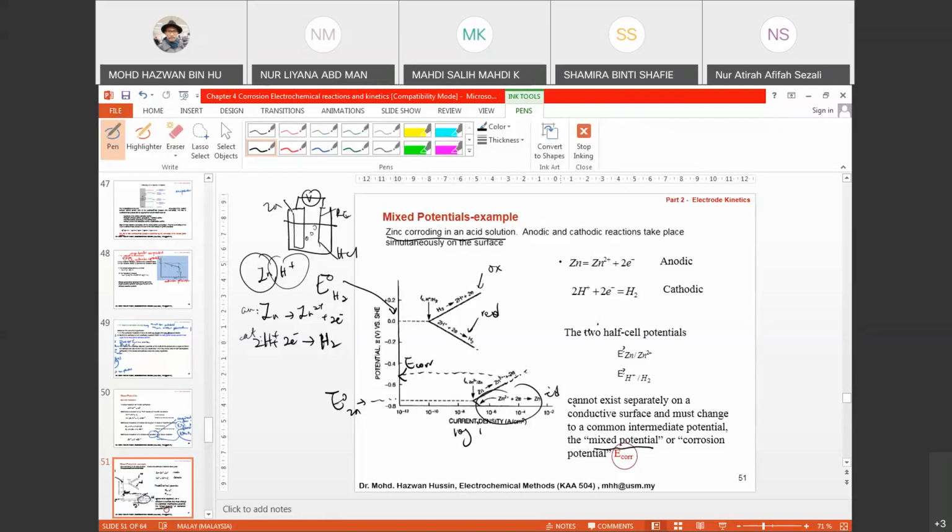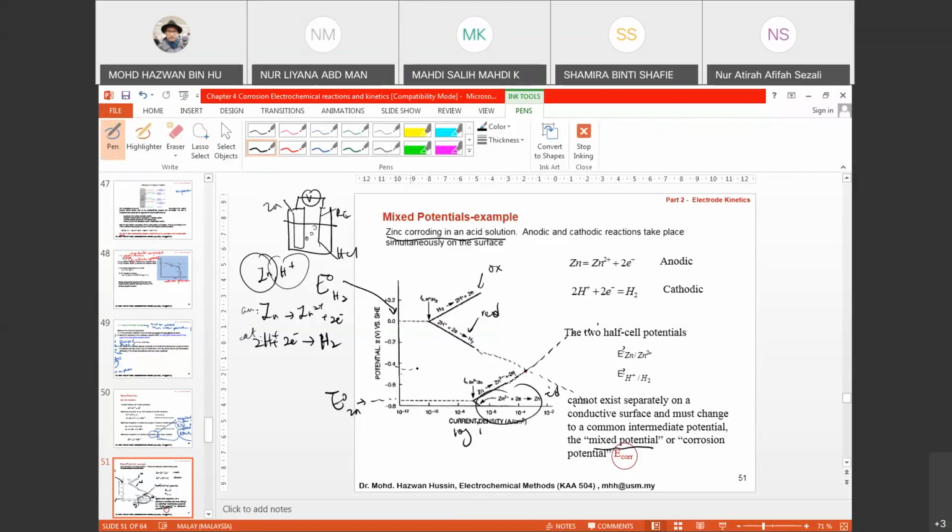And what does it mean by mixed potential? If you notice over here, at this point, if I extend this linear curve a bit, we have an intersection point over here, isn't it?